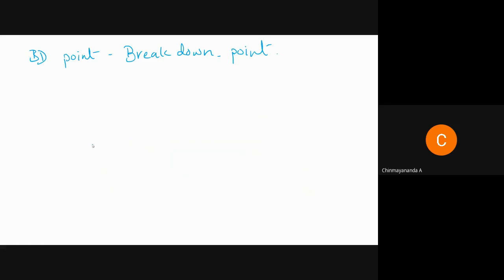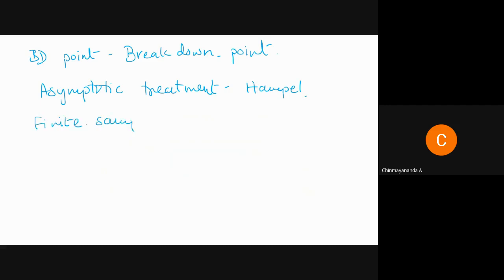That asymptotic treatment was given by Hampel. And then later what you can call the finite sample version was given by Donoho and Huber, which is what we will be interested in. So this is one sort of a metric. There are many other metrics.